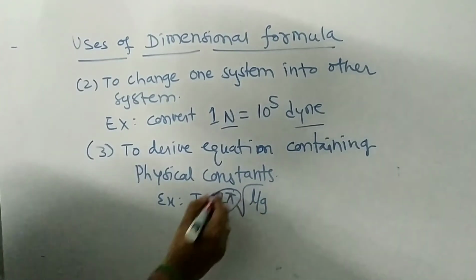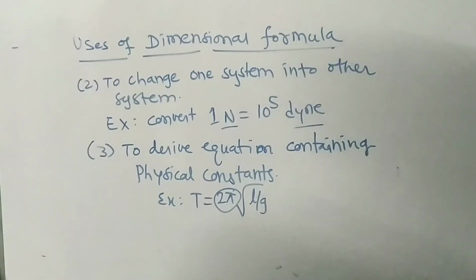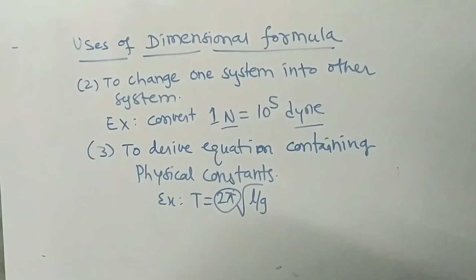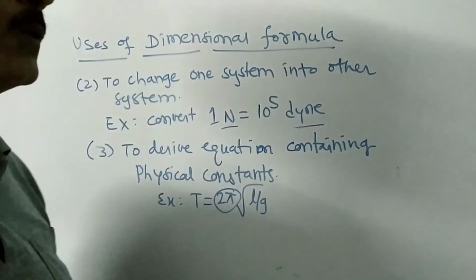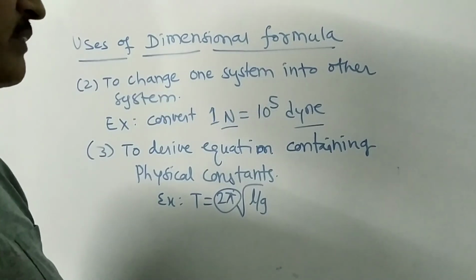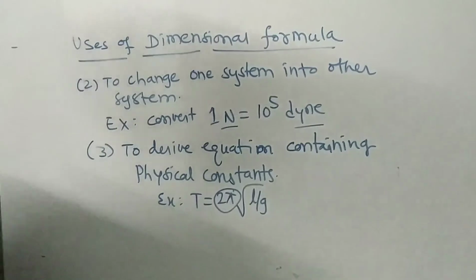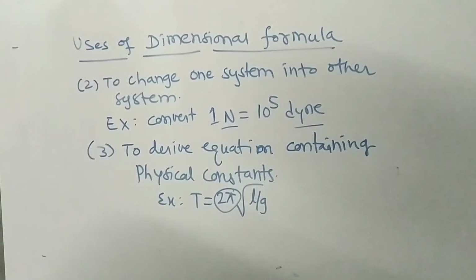So 2 pi is a constant. If an equation contains a physical constant, then we can use the dimensional formulas and derive that equation. So we have three uses of dimensional formulas. One is to check the correctness of the given equation. Second is to change one system of unit to the other system. Third is to derive equations containing the physical constants.